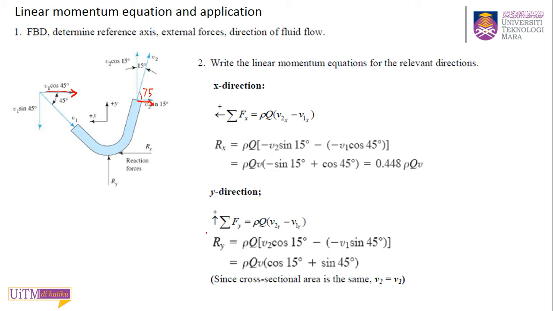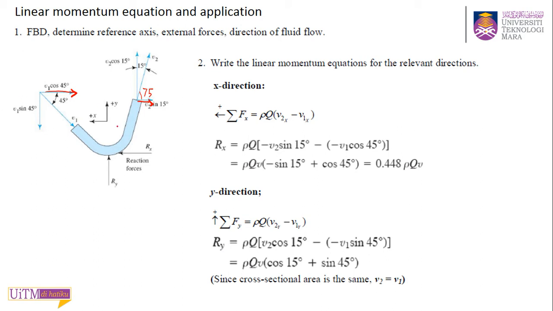Do the same for Y direction, because you have two directions, X and Y. Upward is positive. So summation of force in Y direction equals rho Q times V2Y minus V1Y. There's only the reaction force term in the force, so you only have Ry.